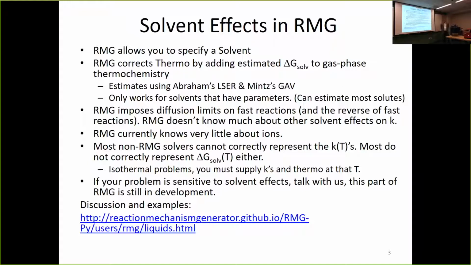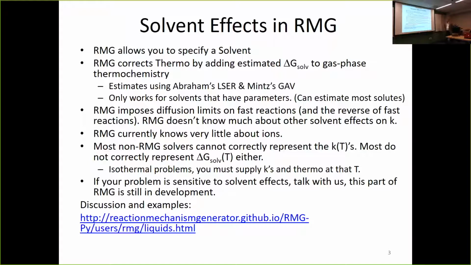This procedure is really only good close to the conditions where somebody characterized the solvent, and typically that means room temperature. So if you have a room temperature solvent that's on the list that Abraham studied, you're in good luck. And if you want to work far away from room temperature and Abraham didn't study it, well, too bad, because RMG will not be able to estimate your solvation energy.